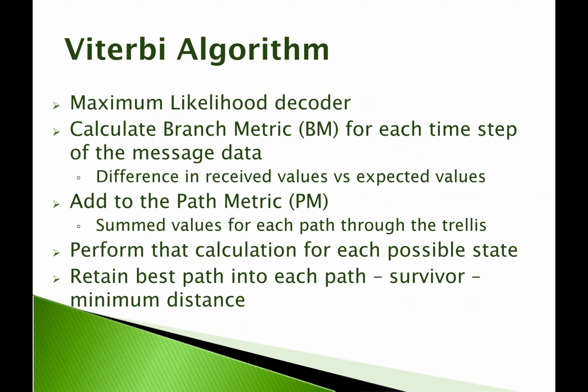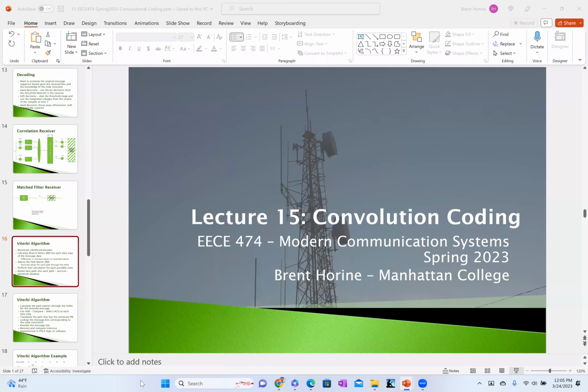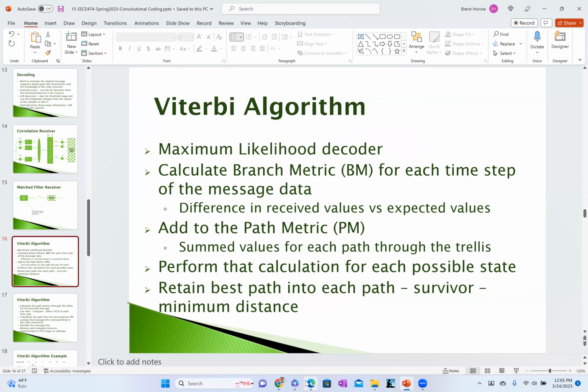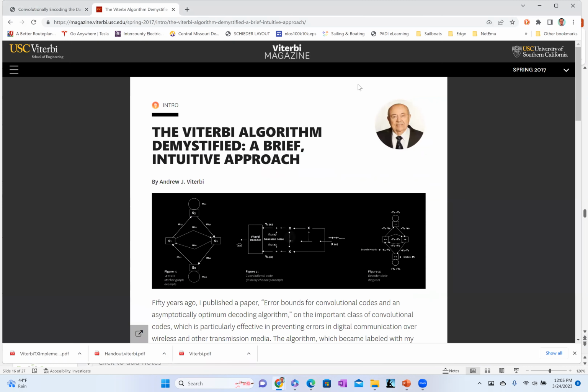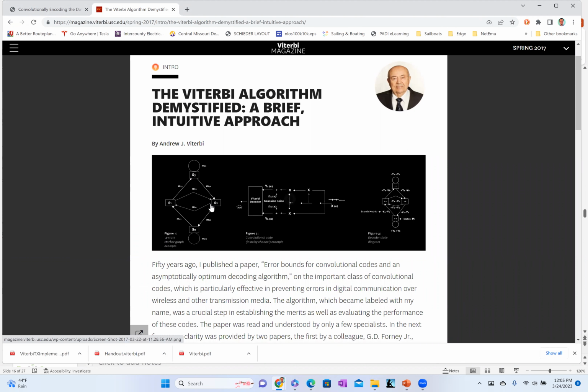All right, so let's look at the classic algorithm. This is the Viterbi algorithm, named for another fellow who is quite famous in this world. Got him right here, that's a picture of him. He is a professor at USC, and the School of Engineering is named after him. That's how famous he is. He's in his high 80s now.